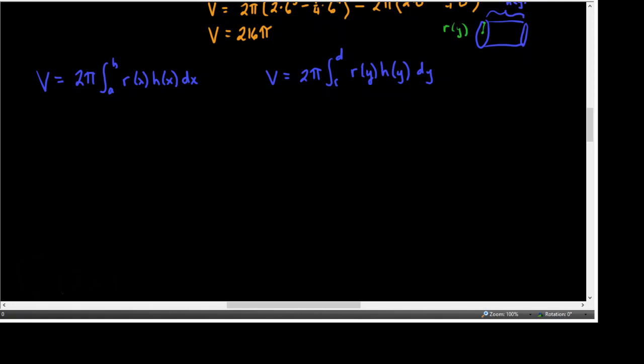Let's say that the region is bounded by y equals x minus x cubed, the x-axis, and we're staying between, including, 0 and 1.